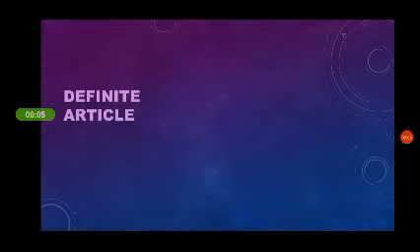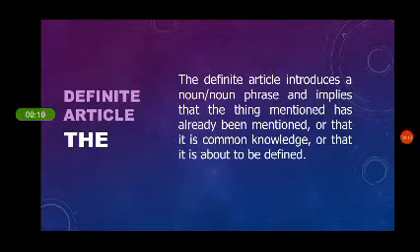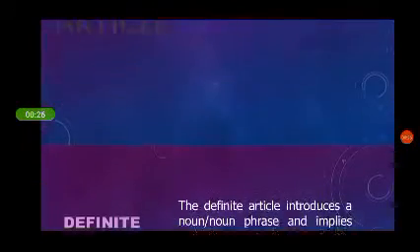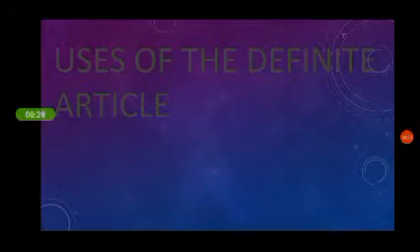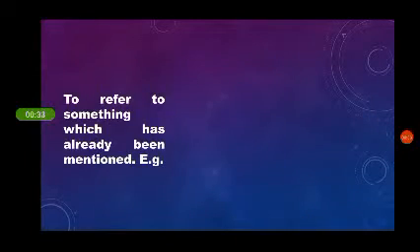The definite article, the. We use the definite article to introduce a noun or a noun phrase that implies that a thing mentioned has already been talked about, or that it is common knowledge, or it is about to be defined. Let us take examples in sentences. We use the definite article to refer to something which has already been mentioned.